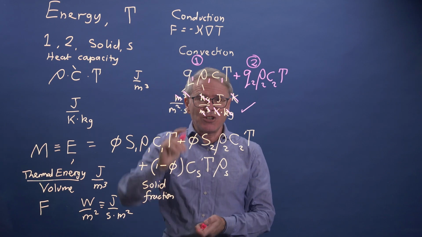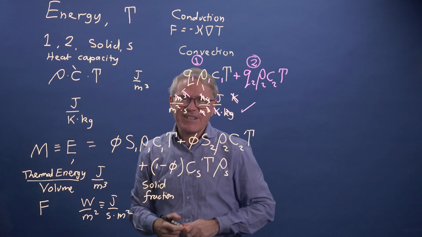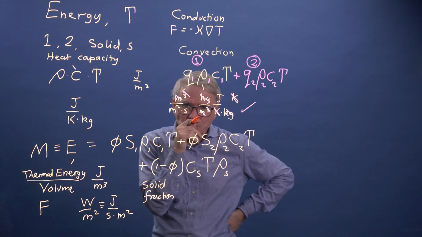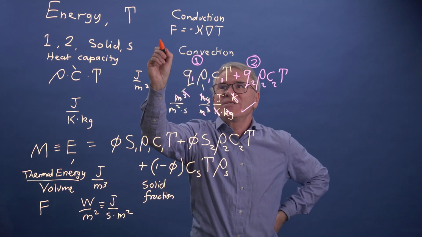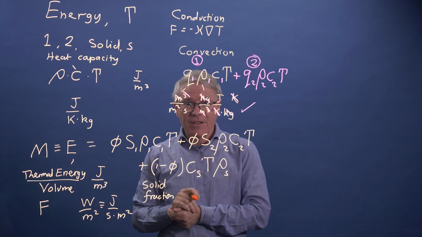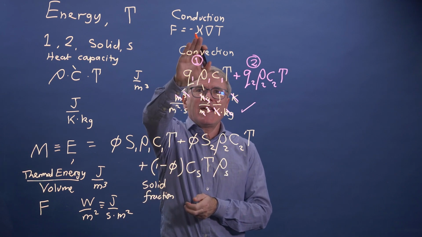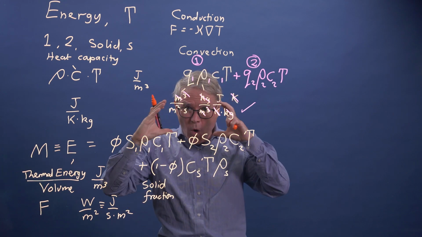For the conduction term, there's conduction in all of the phases. Now, how do we deal with the conduction? There's an addition to the flux, but there's a minus. How we view this traditionally is we don't just write K for the solid times grad T, because we say, well, the solid isn't the whole volume.